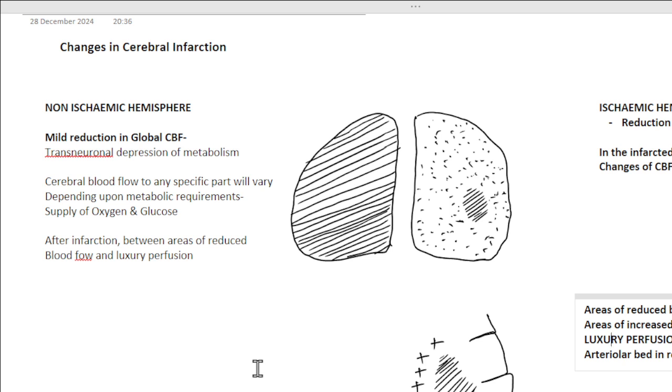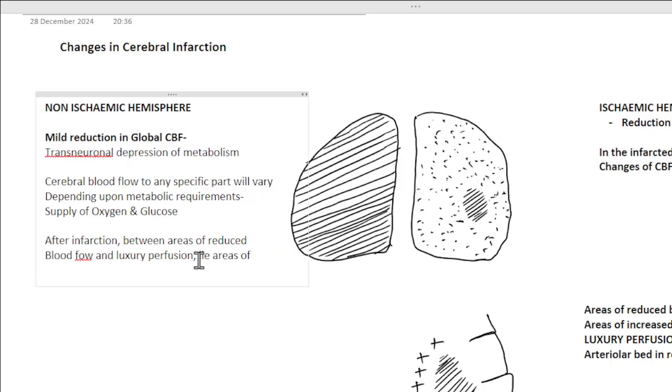So after the infarction, I'm talking about the normal hemisphere. What is happening after the infarction between the areas of reduced blood flow and luxury perfusion? There is an area, okay, areas of relative luxury perfusion. This you remember, please.